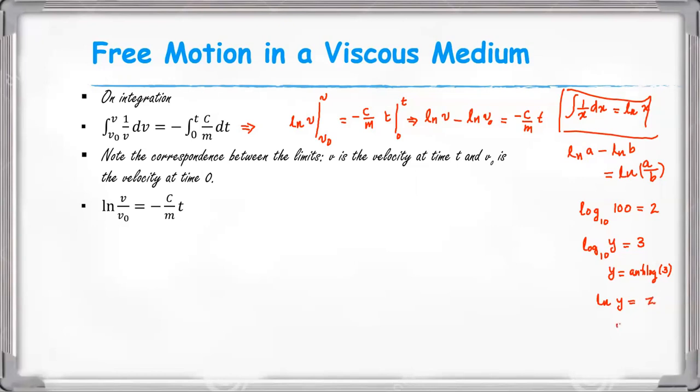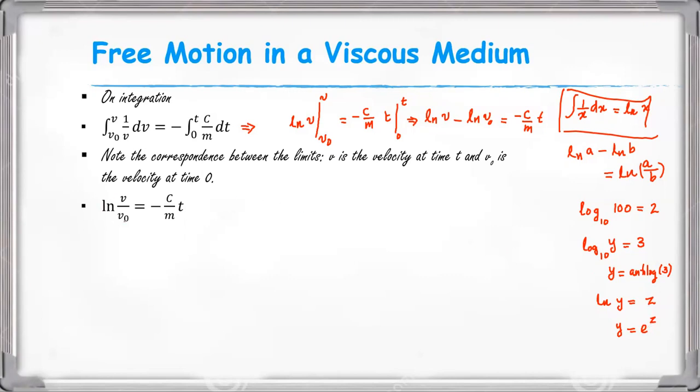Then to obtain y, we have to take not anti-logarithm. Here it is natural logarithm, so we have to take the exponent, e raised to z, to obtain y.